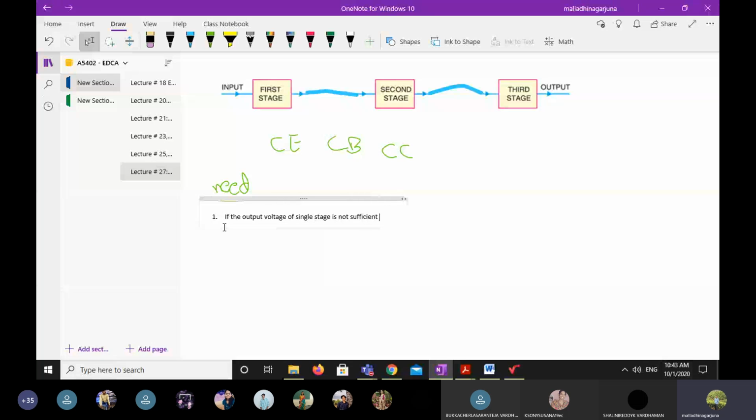For example, suppose a speaker is giving a lecture to 10,000 people, or politicians at election time give speeches to 1 lakh or 2 lakh people.